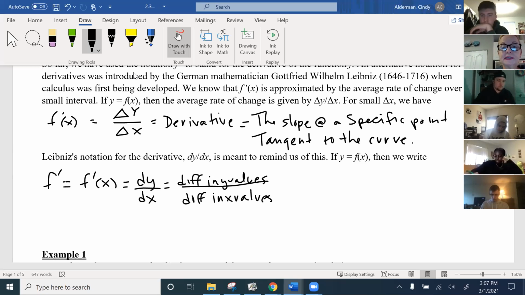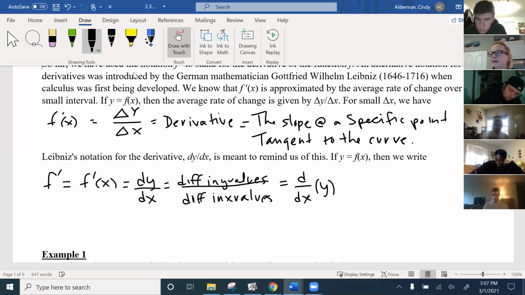But where this really helps us out, oh, and I want to add one other thing. Some books will have d over dx, which means the same thing as f prime. And then they'll do it like this. All of these are the same thing of saying the derivative of the original function f.